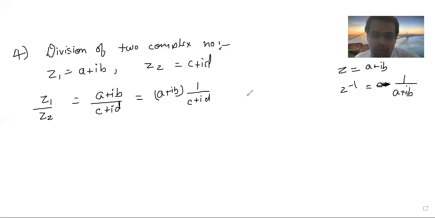In the same way, 1 by c plus id can be taken as z2 inverse. It means we need to find the inverse of c plus id, which will be the same as the inverse of a plus ib.